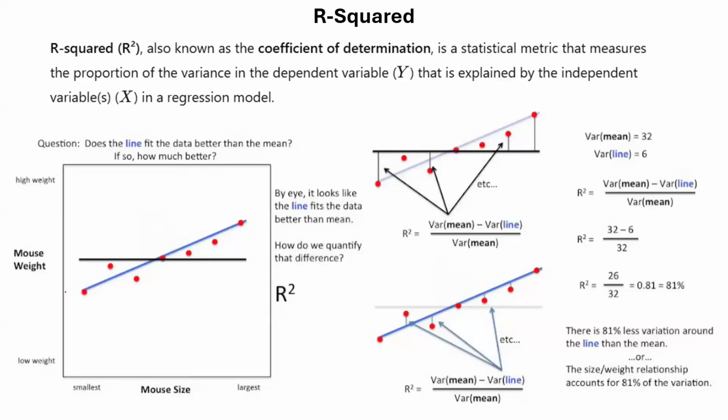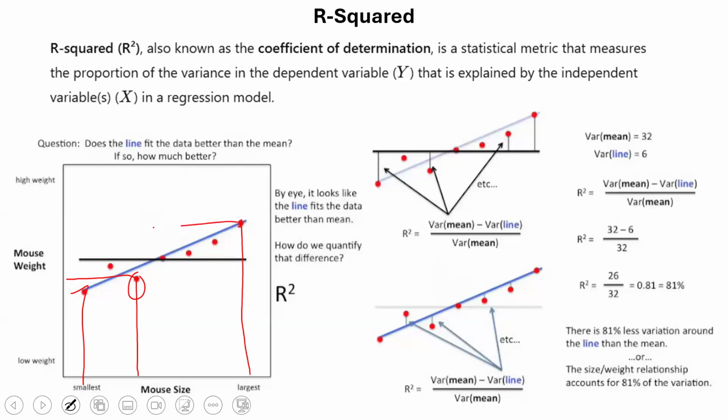Similarly, this mouse size is somewhere between small and large, and the mouse weight is something like this. This mouse is the largest, and the weight of this mouse is this. If you look at this data point, this is the actual weight of this mouse.